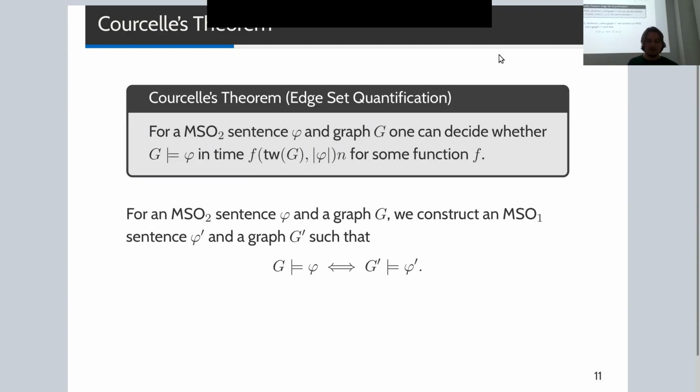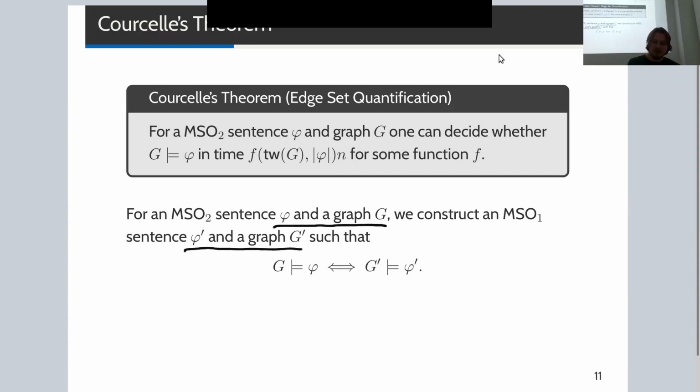So we have some MSO sentence phi and a graph G, and we want to evaluate phi on G. That's what we have to do to solve this MSO2 model checking problem. And what we're going to do is we're going to construct some MSO1 sentence, phi prime, and we're also going to modify our graph a little bit. We're going to call it G prime then. So phi prime will be derived from phi, and G prime will be derived from G.